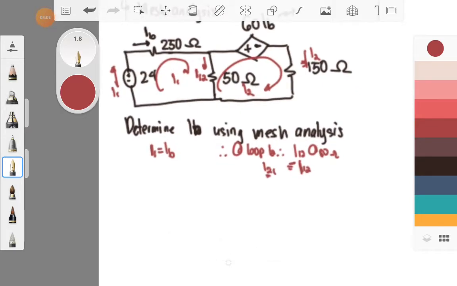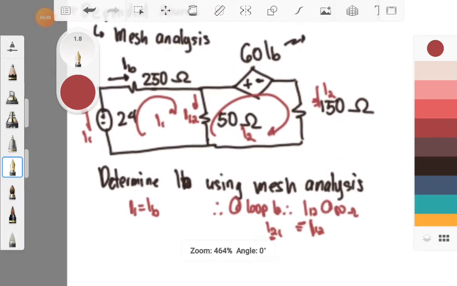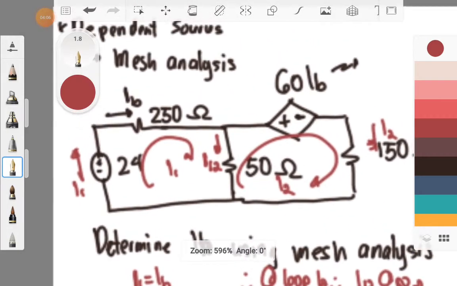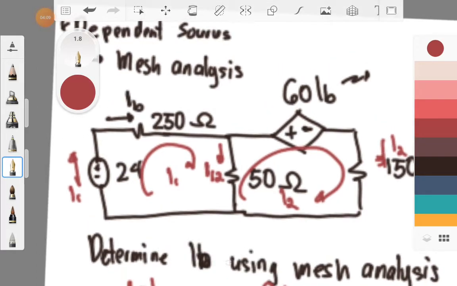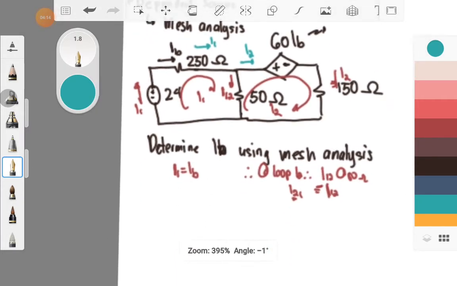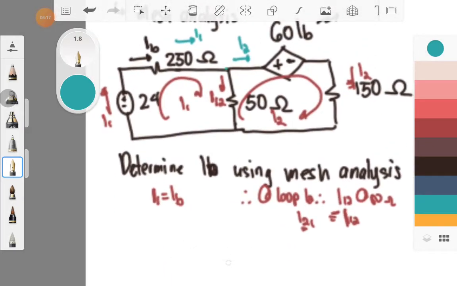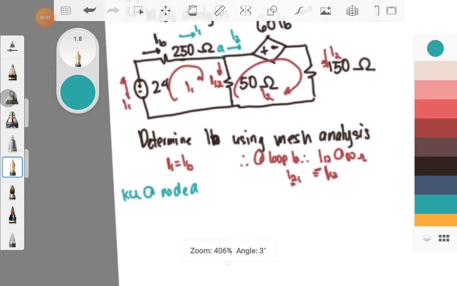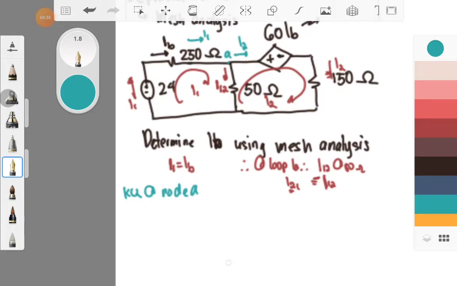So in our mesh analysis, I have already described my loops and also the direction of my current. So I12 and then I21. This is my I2 and this is my I1. Take note that this will be our node A. So KCL at node A: going into the node is your IB or your I1, and going out of the node are your I2 and your I12.